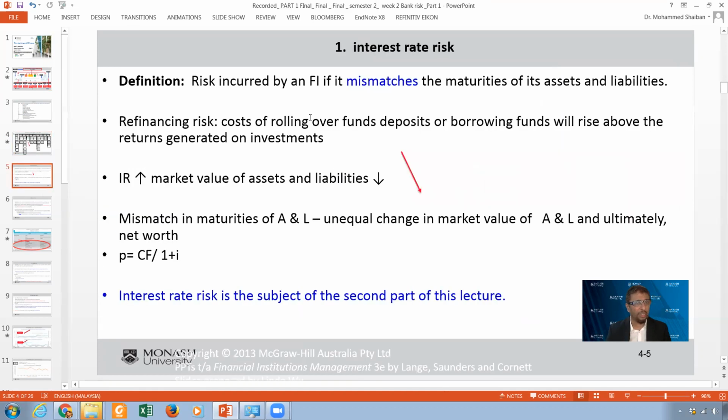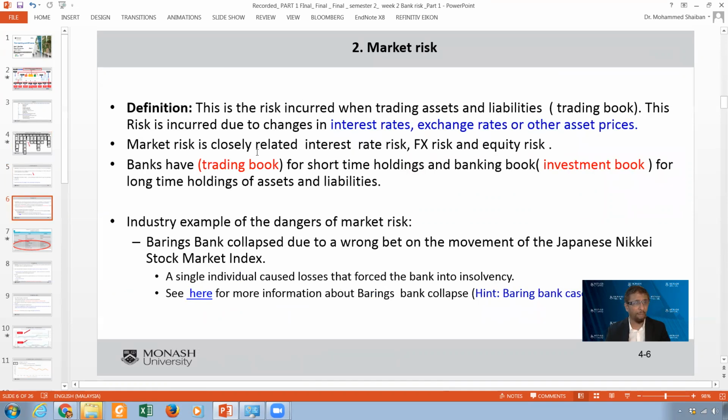Now, this is the interest rate risk, and I will not cover and discuss it here because we are going to discuss it in the second part. Let me jump to the market risk. The market risk is the risk incurred when trading assets and liabilities using the trading book. Somebody would say, what is this trading book?